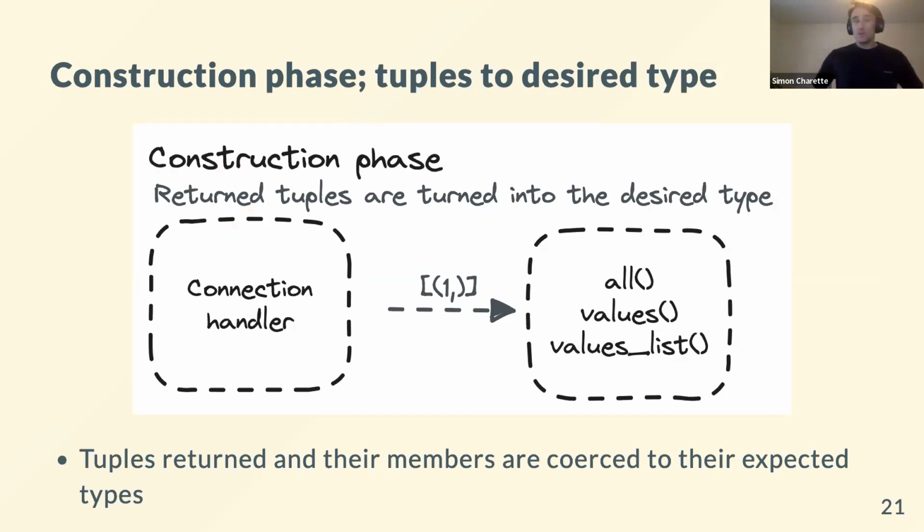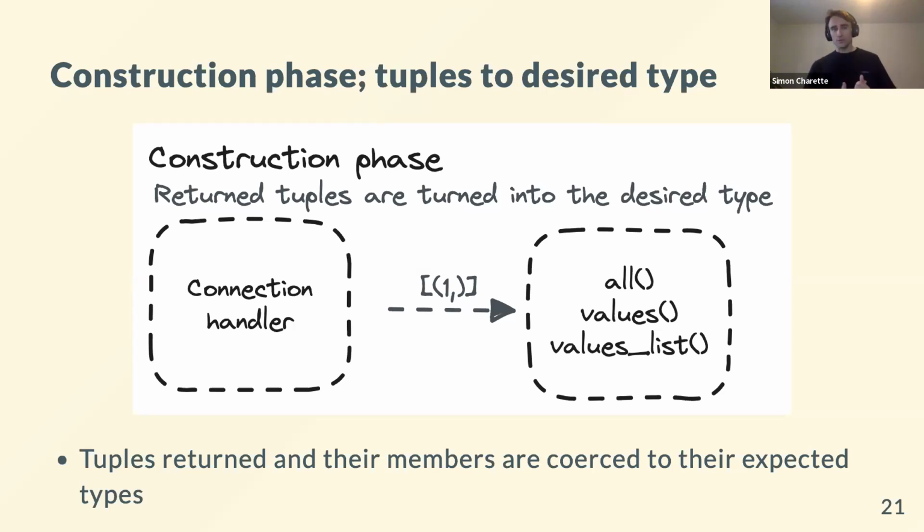And when you are done executing comes the last phase, what I like to call the construction phase. So you get back tuples, but in most cases, you don't want tuples, right? You want model instances. You want to be able to reflect on your data in a way that maps the reality of your data that you defined through your models. So how does that happen?